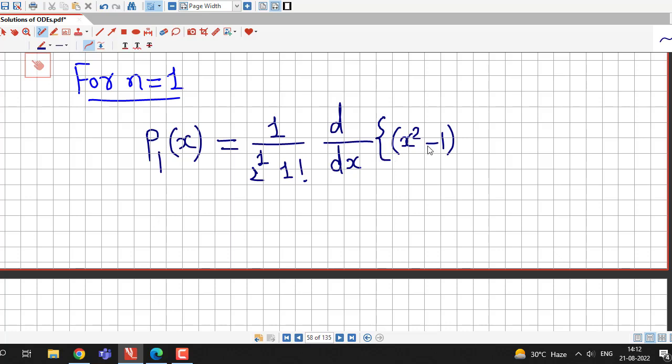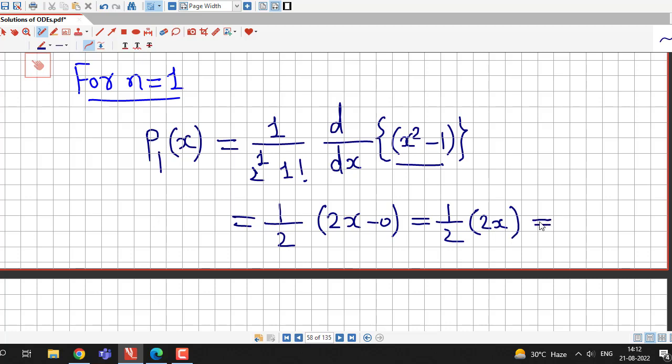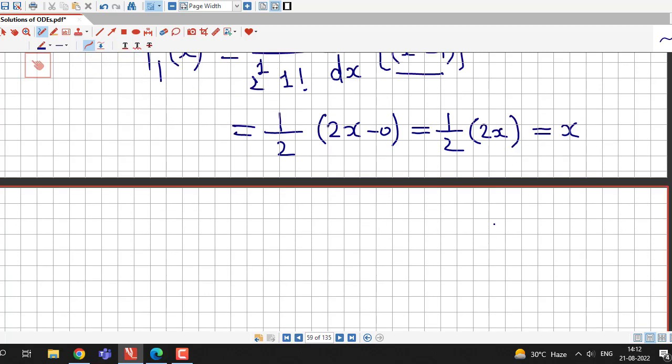N is 1 here, so we put n equal to 1, and this is going to be 1 by 2. The derivative of x² − 1 is 2x − 0, that is 2x, and we have 1 by 2 into 2x. The 2s will cancel out, and we find that the Legendre polynomial of degree 1 is P1(x) = x.